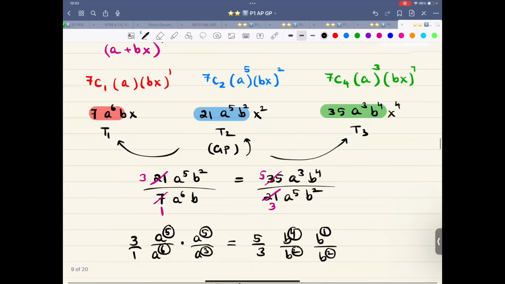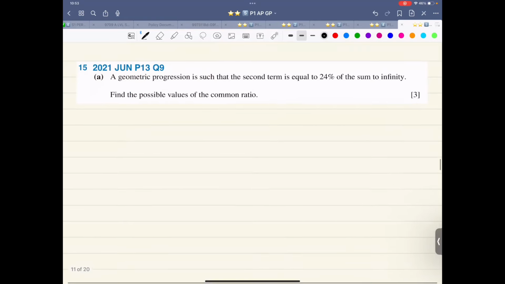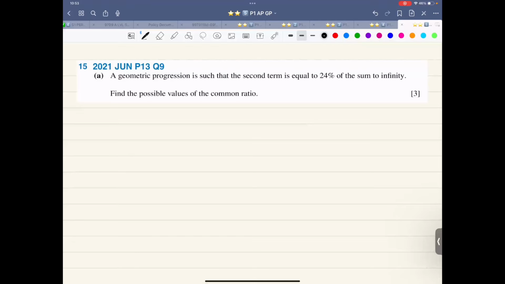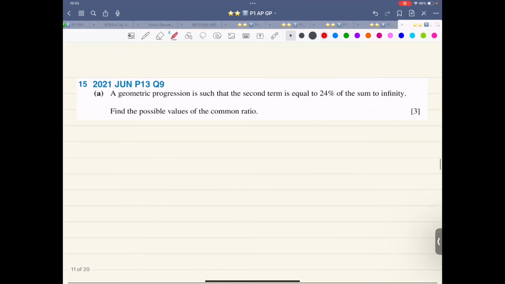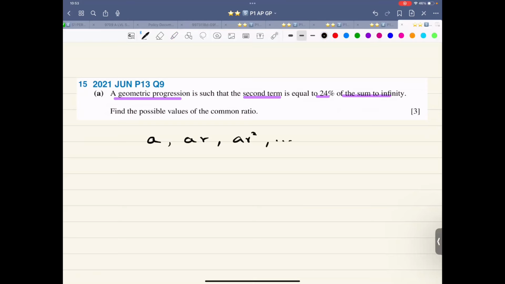So that is another question that we did. A simple basic question. A GP is such that the second term is equals to 24% of the sum to infinity. AR square, and so on.